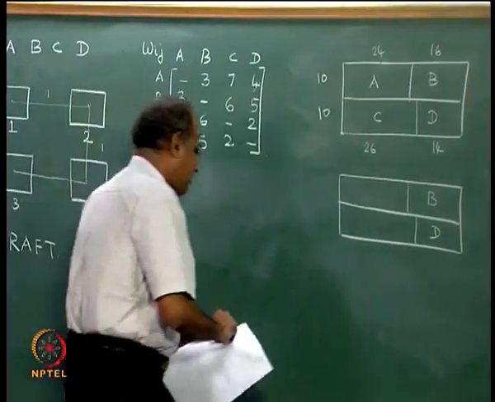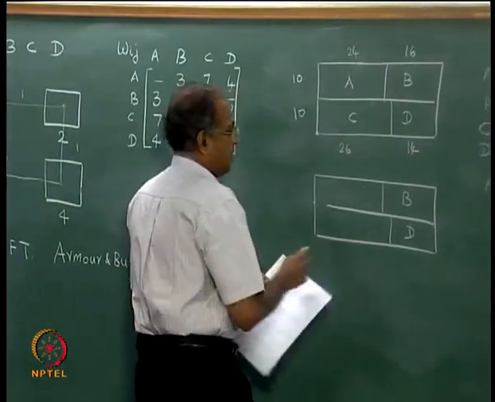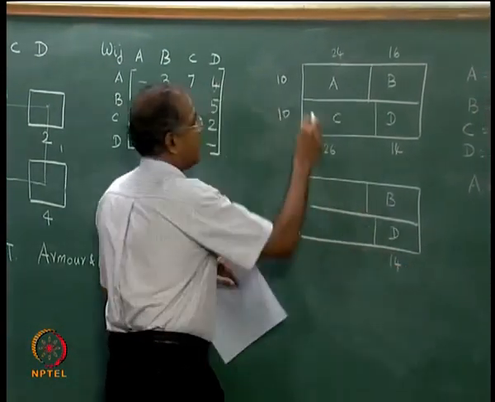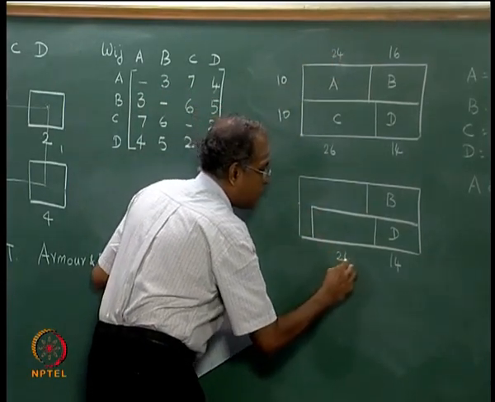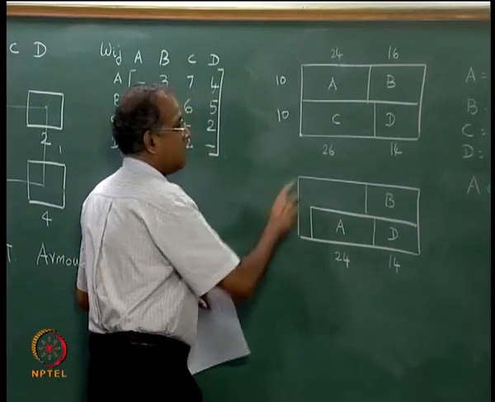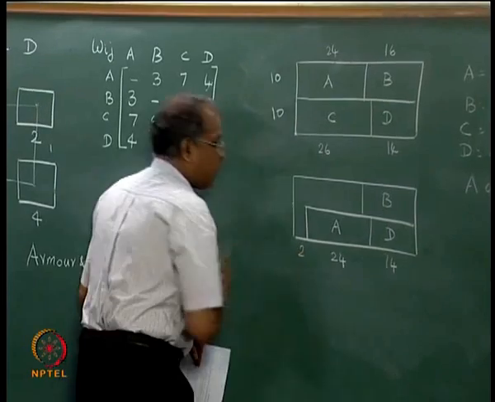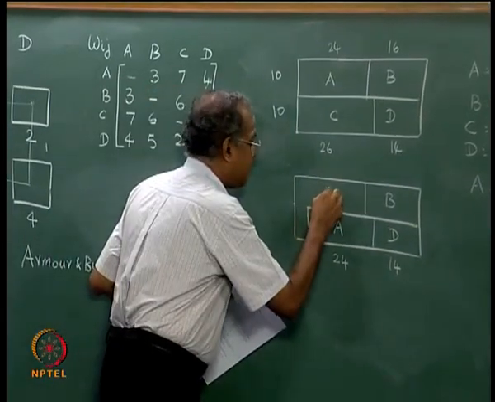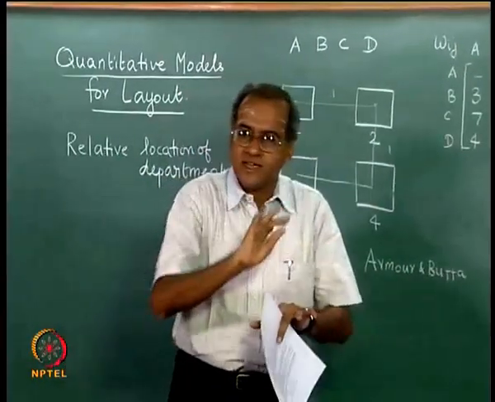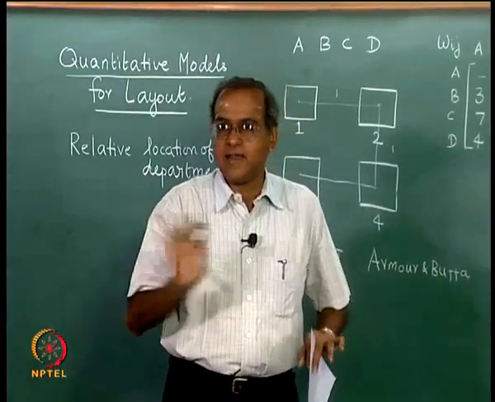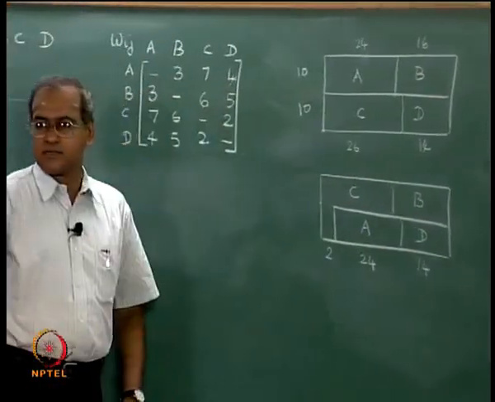So, what we will do now is we will try and put A here. Now this is 14, A is 24 by 10, so I will take another 24 for A, this is 40, so 24 plus 14, 38 plus 2, 40, and C will now come here. Now C loses its rectangular area, now it is actually made up of two rectangles which are like this.